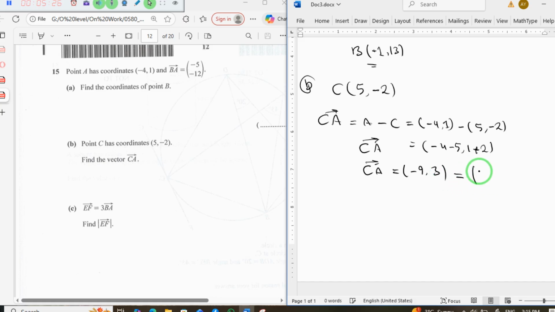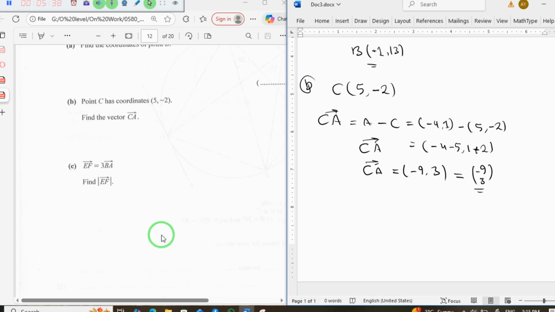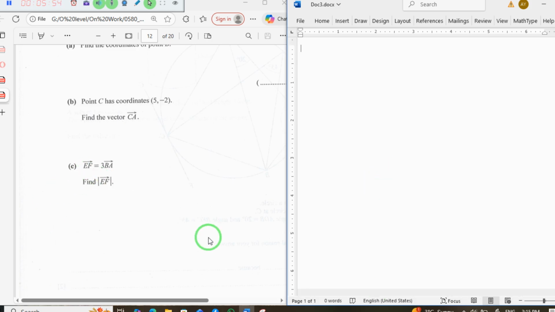So this is the vector CA, -9 and 3. That is part B. We come to part C. Part C asks us that you should find the vector EF.